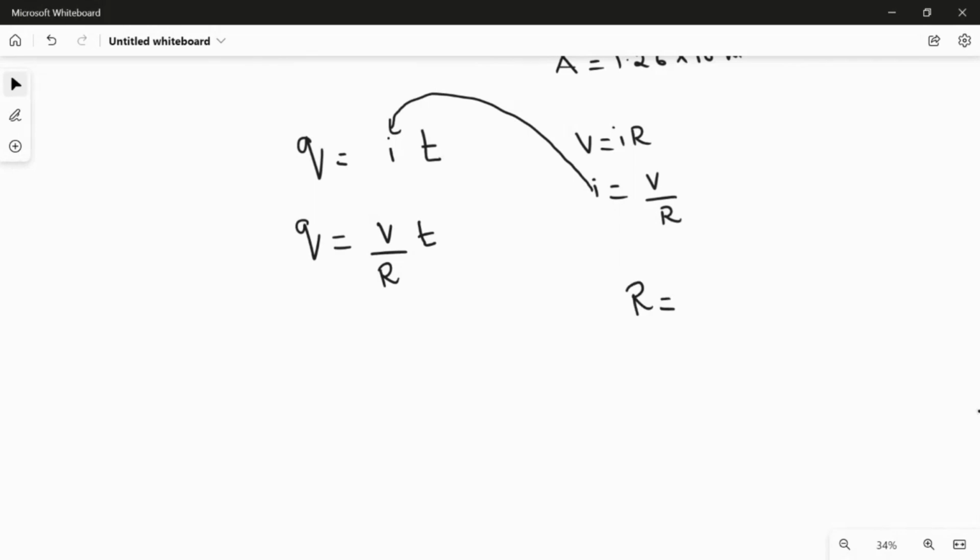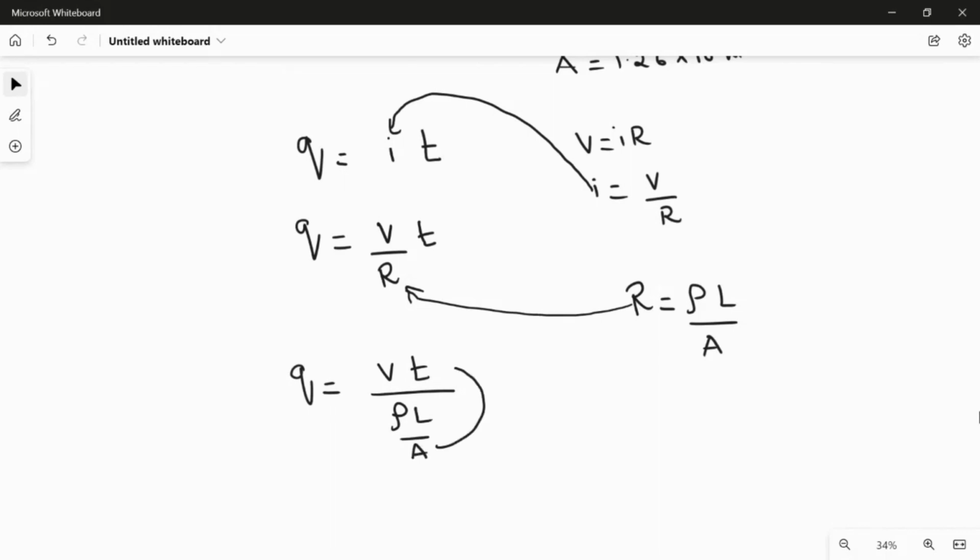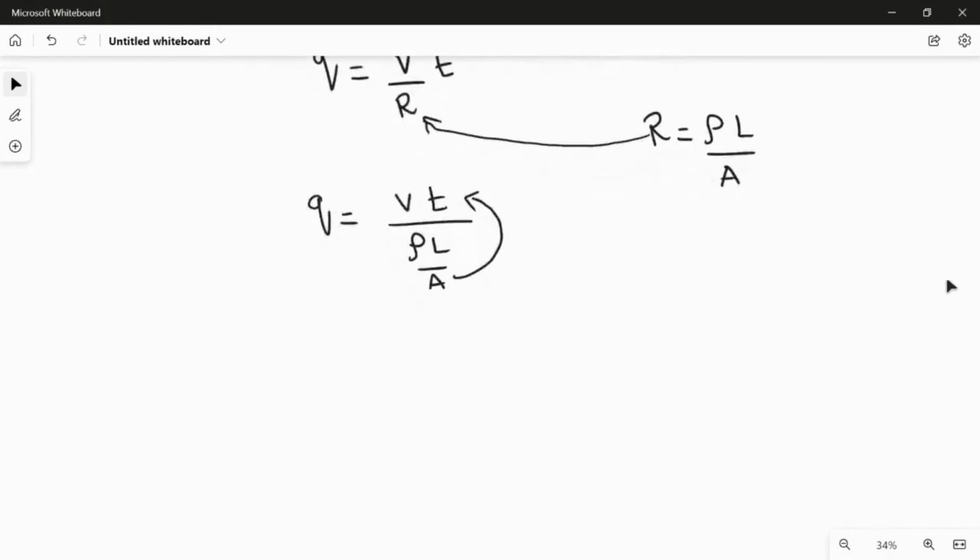R is equal to rho L over A. If you substitute this R here, the formula becomes Q is equal to V t over rho multiplied by L over A, and this A will go to the top. By that, this equation becomes Q is equal to V t A over rho multiplied by L.